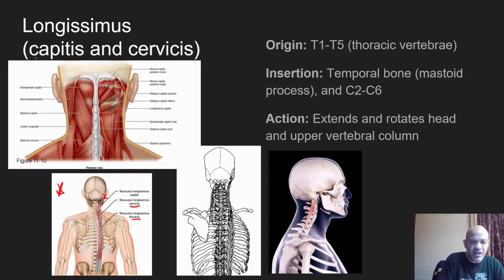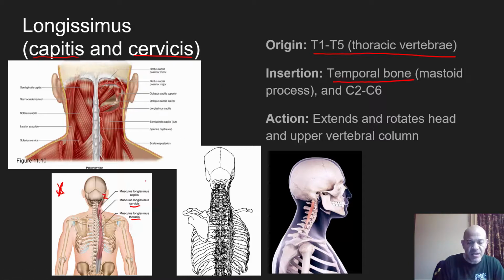Because we're in the neck region, we're going to focus on the capitis and the cervicis, and the origin is going to be the thoracic vertebrae, T1 through T5, for the capitis specifically, and the cervicis as well. And the insertion is going to be the temporal bone, and this is true for the capitis.